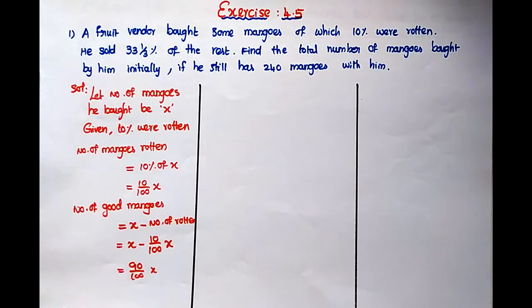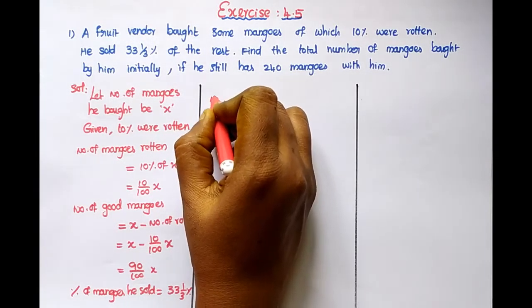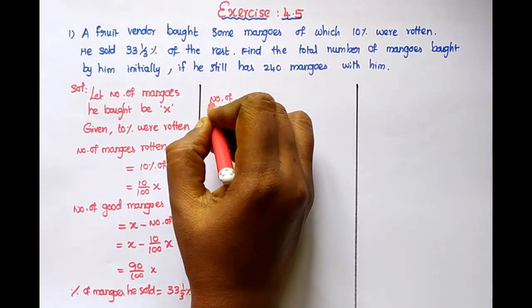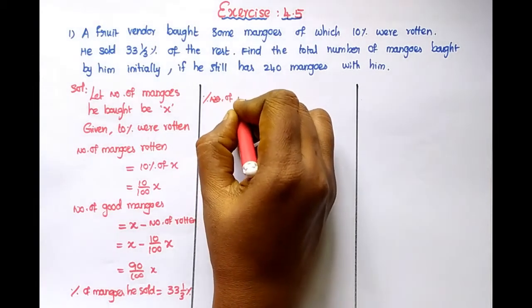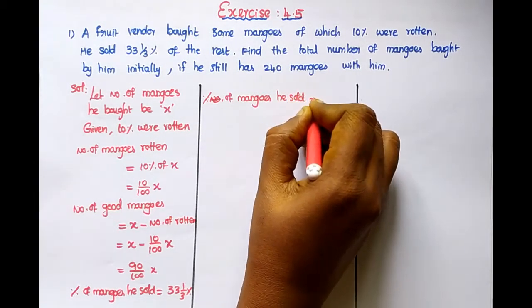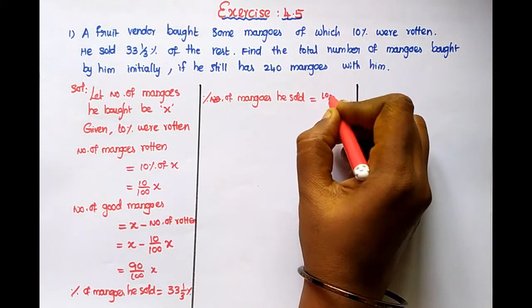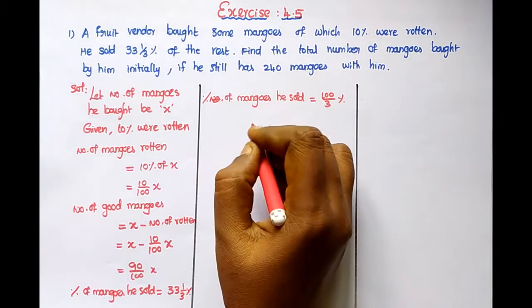Now, given percentage of mangoes he sold is equal to 33 1 by 3 percentage. So, percentage of mangoes he sold is equal to 33 into 3, 99 plus 1, 100 by 3 percentage.